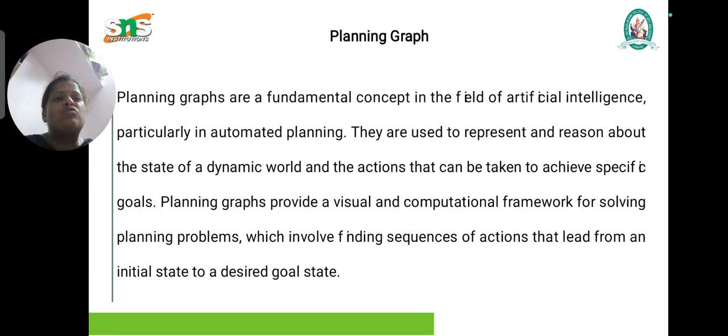Planning graphs provide a visual and computational framework for solving planning problems, which involve finding a sequence of actions that lead from an initial state to a desired goal state.